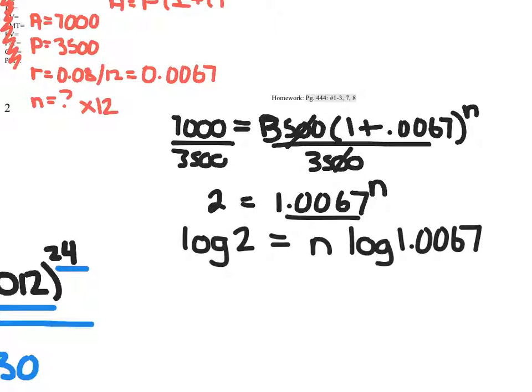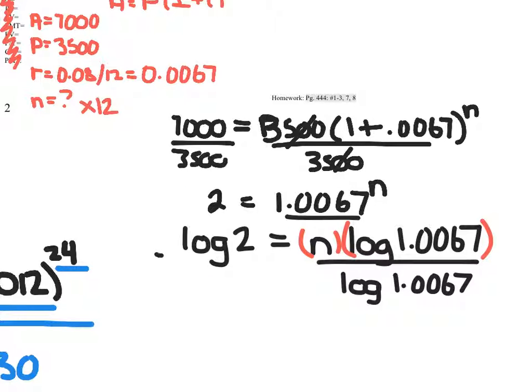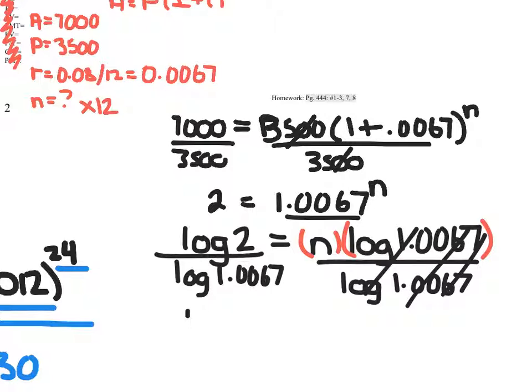Now essentially these two terms are multiplying by each other. So we're going to divide by log 1.0067 on the other side of the equation, crossing it out. When we do that, we get log 2 divided by log 1.0067. We get a value of 103.8 equals n.